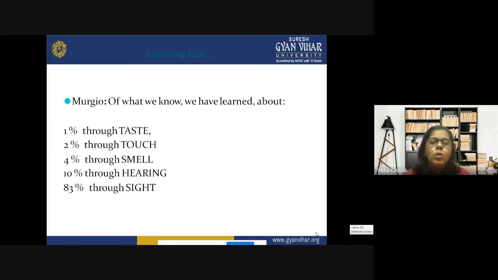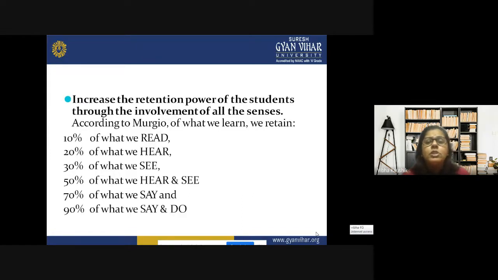Four percent through smell, 10% through hearing what we hear, 83% through sight, means when we are seeing a thing or object. The retention power of students increases with the involvement of all the senses, and the students' retention can be increased when we involve all these sensory organs.